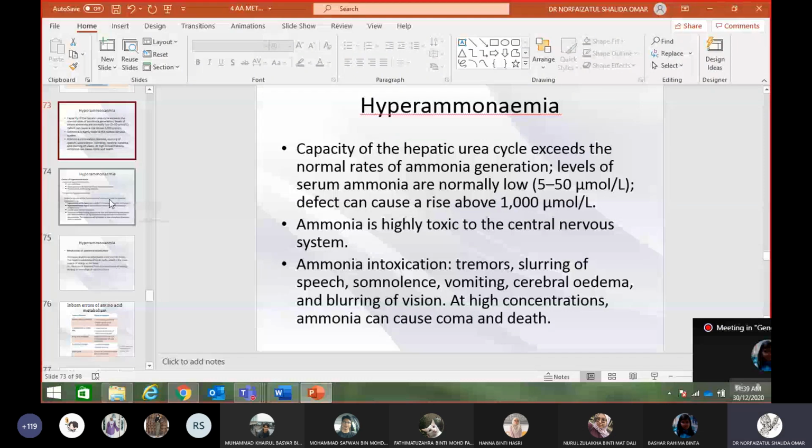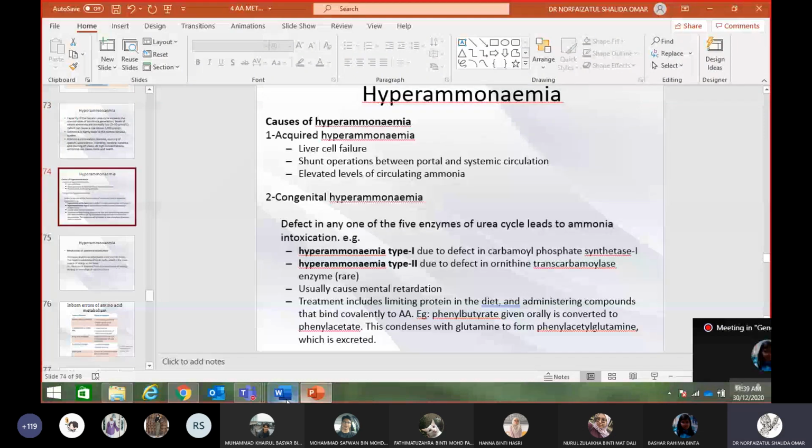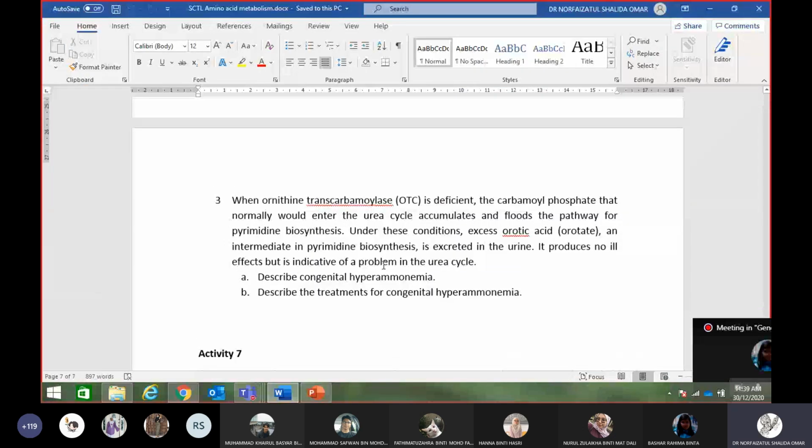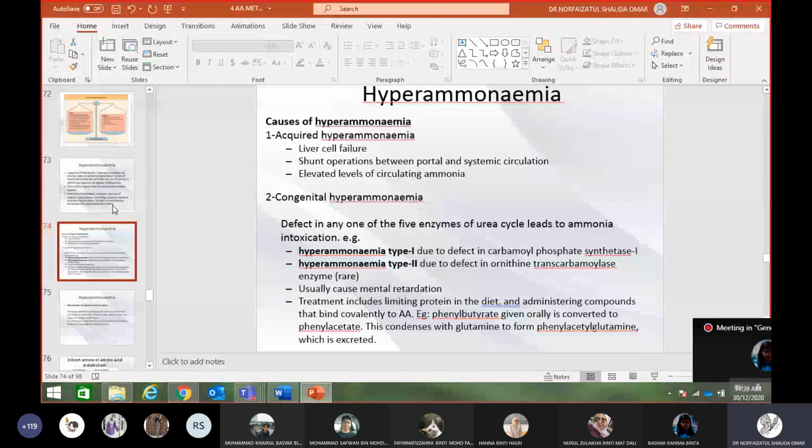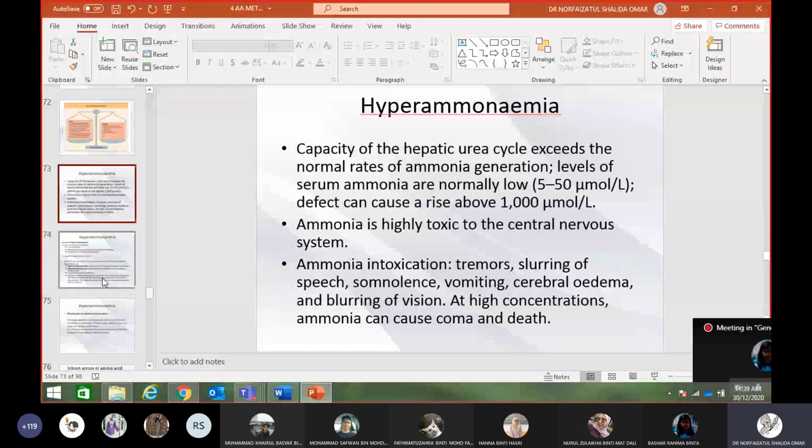Congenital hyperammonemia clinical symptoms are the same: blurring of vision and all. And if very high, it can cause coma and death.